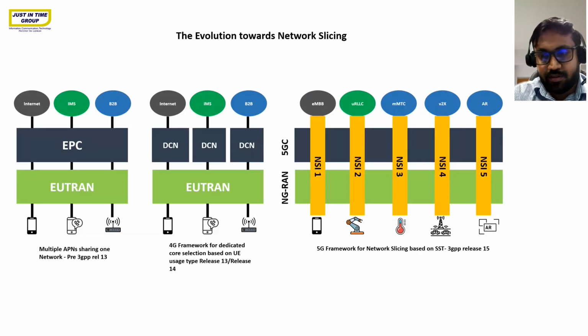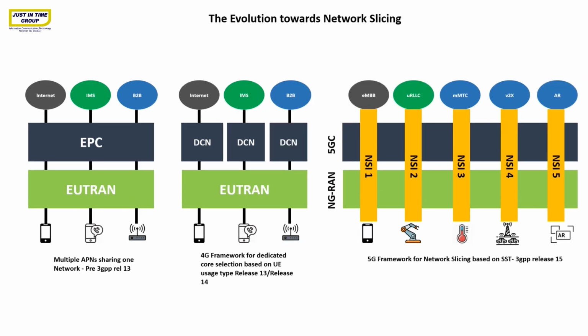And if you look at the older generations of telecom networks, on the left side you can see the LTE network. Predominantly, an LTE network would consist of an E-UTRAN radio access network, then the EPC packet core, and in between you can have a transport network, and you can connect to multiple packet data networks. It could be the internet, it could be an IMS, it could be some business-to-business scenario.